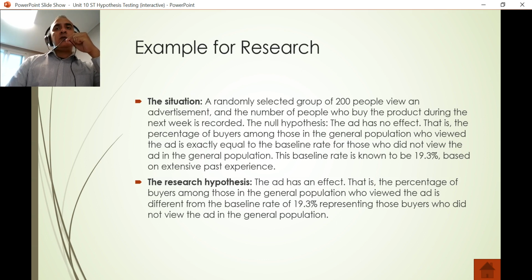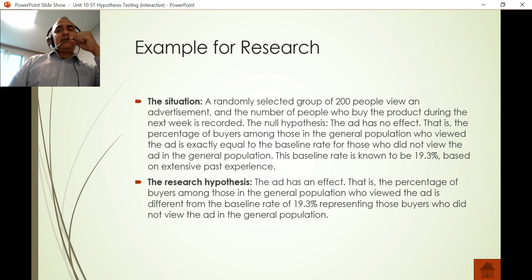However, we have the baseline, where the rate is known to be 93% based on extensive past experience. In this case, we're trying to reach a specific value, 19.3%. If the sales are higher than 19.3%, then we will accept the research hypothesis, and if not, we will reject it.